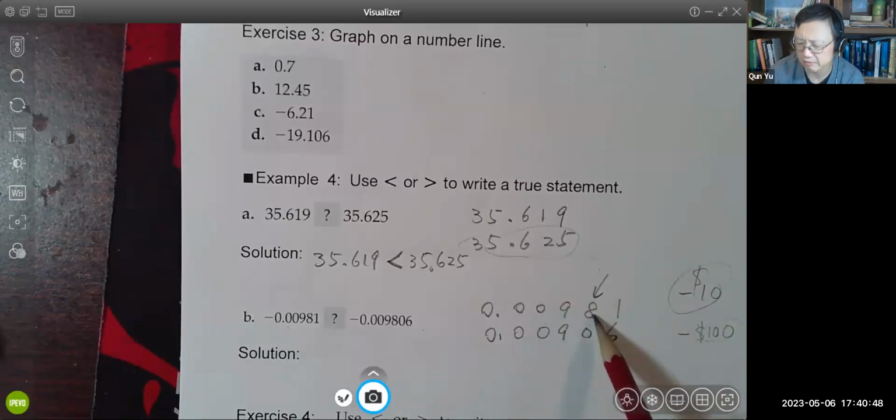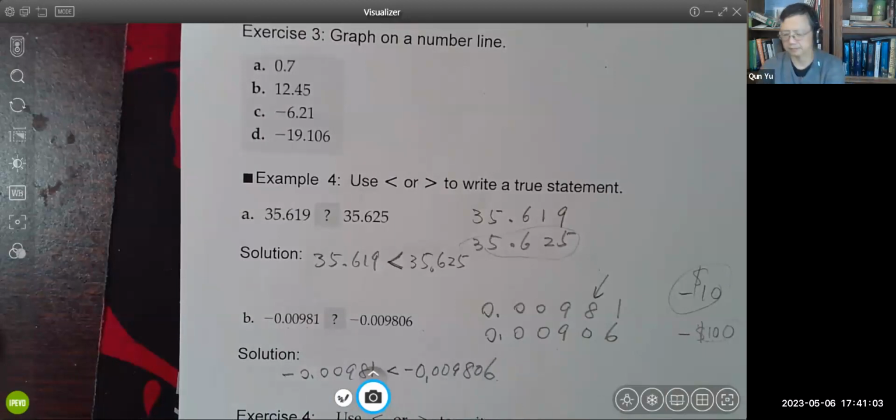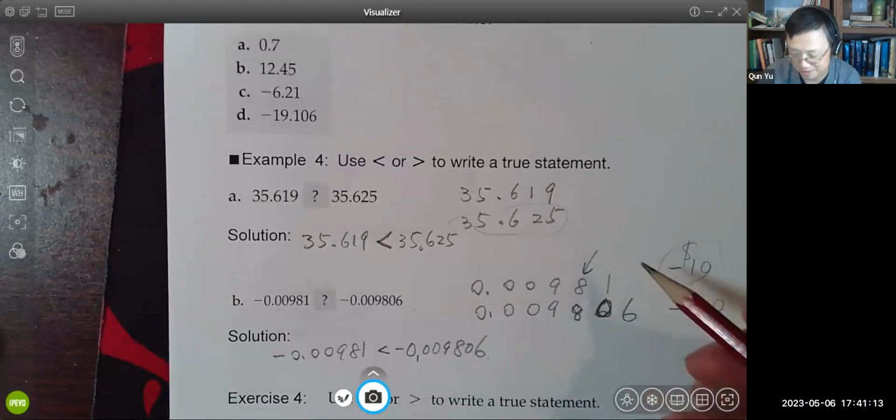So 981 is smaller. This one is smaller. So negative 0.00981 is smaller than negative 0.00986. I made a mistake. 0.00906. But the conclusion is still, luckily, right.